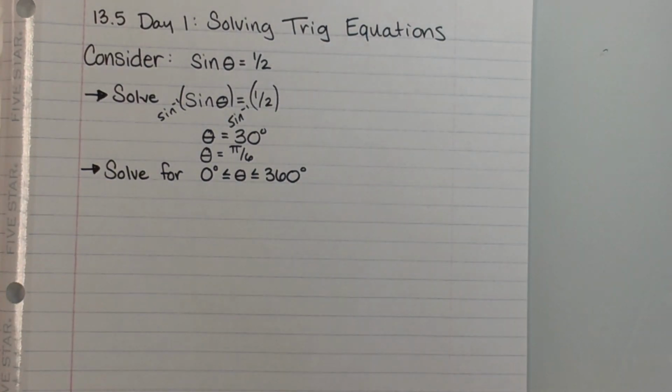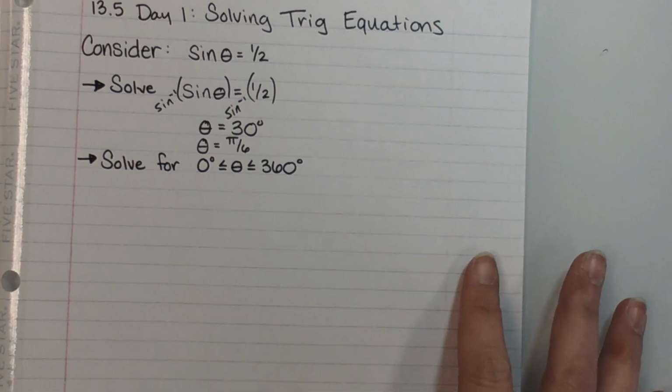Change the instructions. This time I want to solve for all theta between 0 and 360 degrees. Between 0 and 360, what sheet of paper do you think you maybe should have on your desk right now? Harmony.